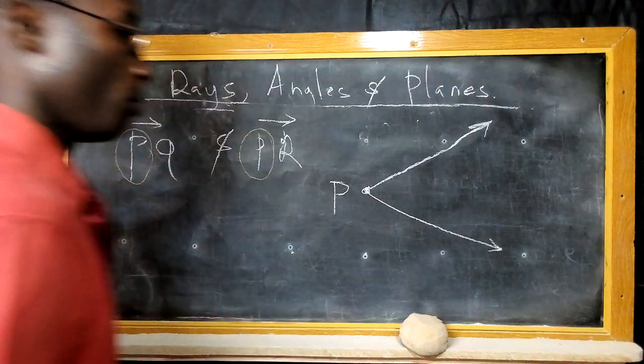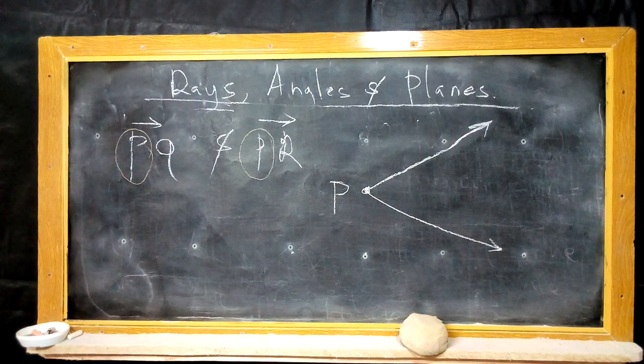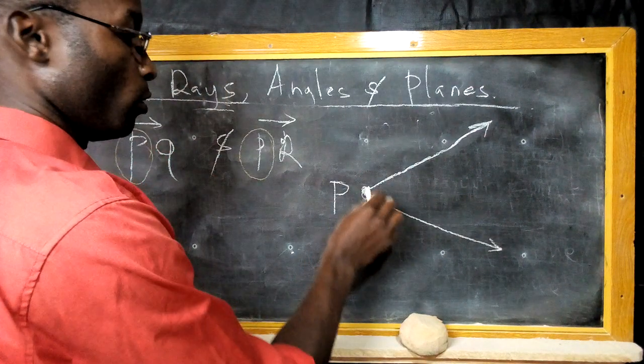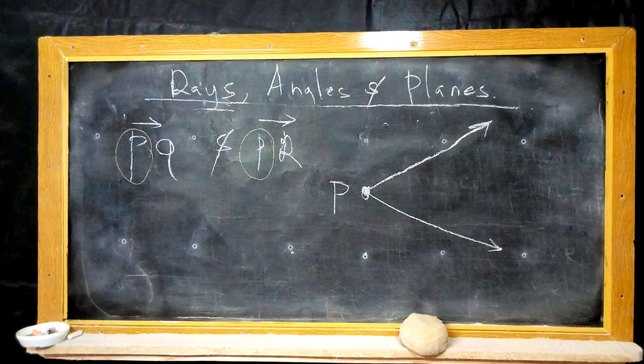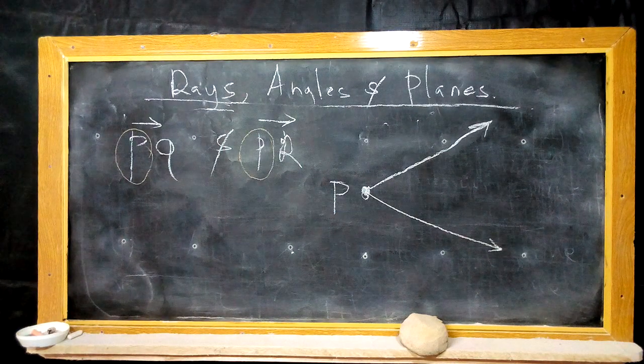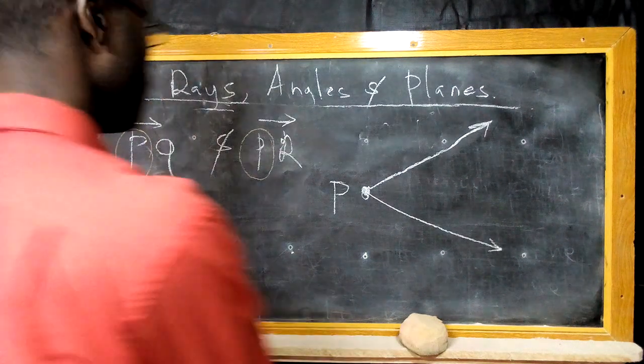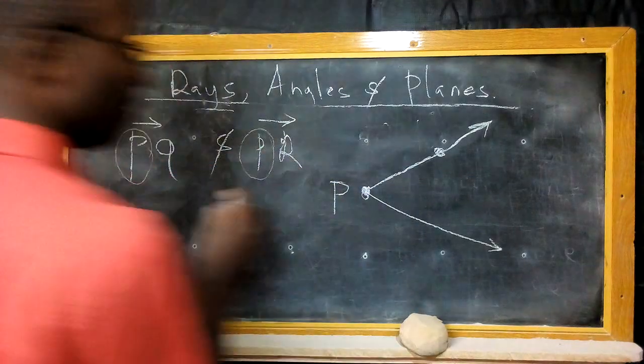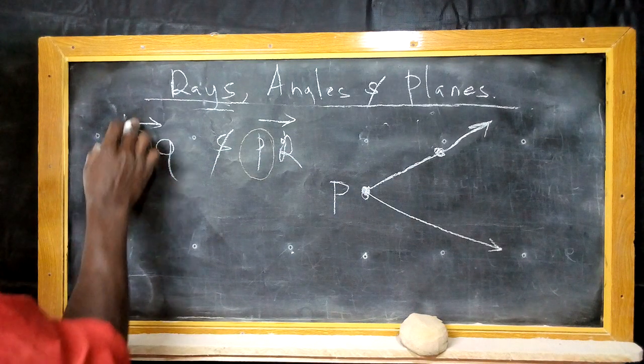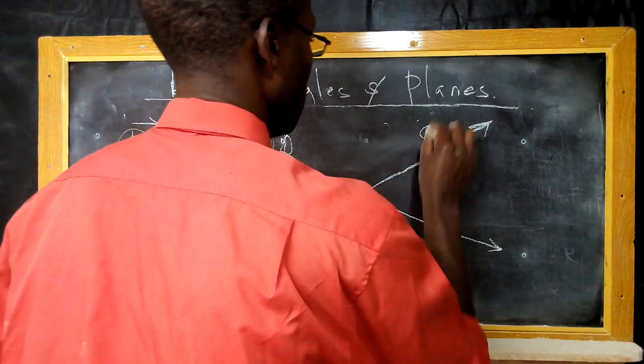Of course, this is the common point P. We could talk about a point of conjunction, or the point at which they cross one another. But in this case, because we said they start from a point and continue infinitely in a single direction, it's going to be a point of origin. So in that case, that is PQ. This ray is traveling from P to Q as indicated by the arrow, so that is PQ.